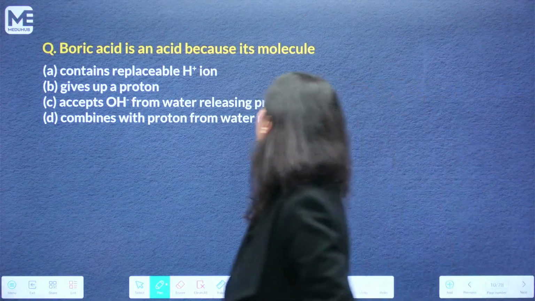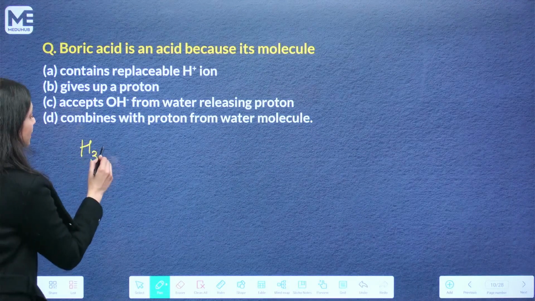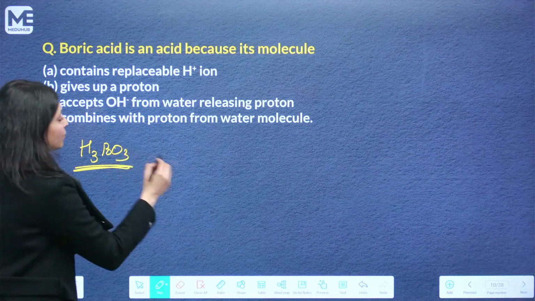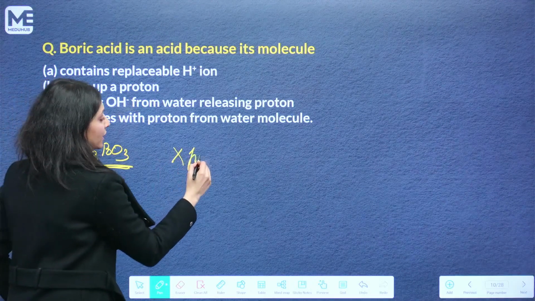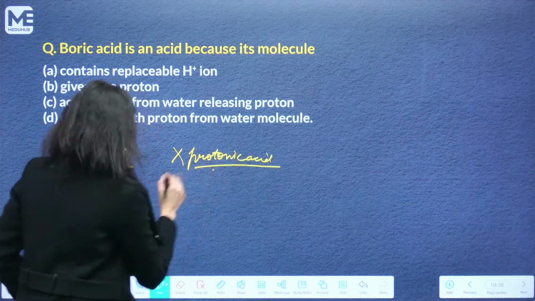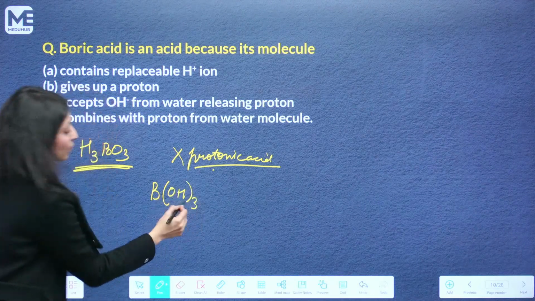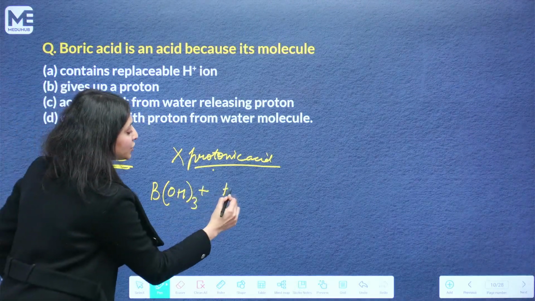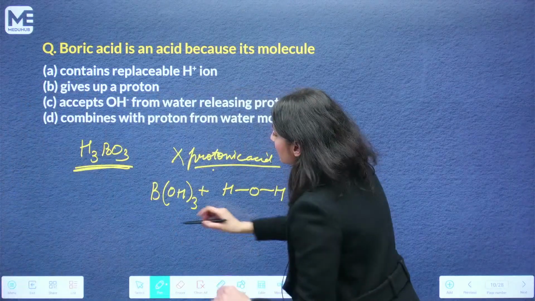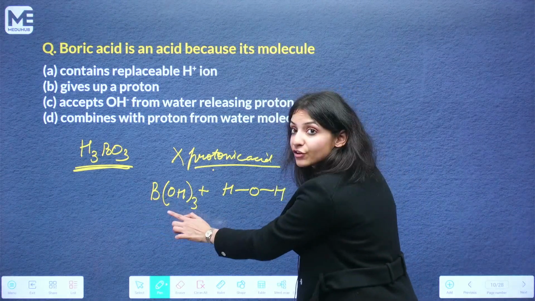Boric acid is an acid because of its molecule. Boric acid is H3BO3. If you talk about boric acid, you will see it is not a protonic acid. It does not give a proton. It is better written as B(OH)3 upon reaction with water, because all compounds of boron, where boron is in a +3 oxidation state, are electron deficient.